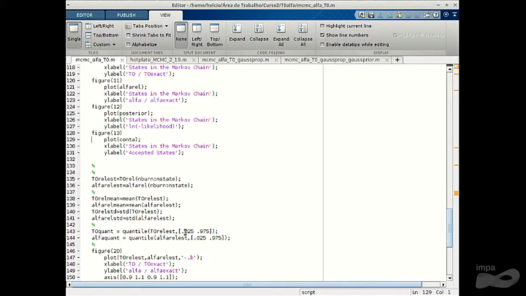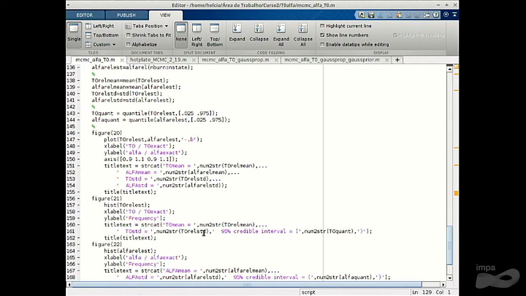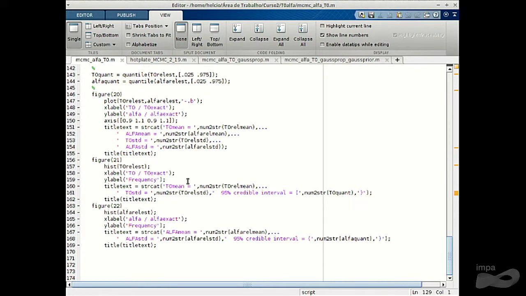We cannot say in advance that this is a Gaussian distribution, but you can compute the quantiles because you have samples that represent that posterior distribution. And this is also plotted. So let's run this thing to see how it goes, and then we play a little bit with the parameters.